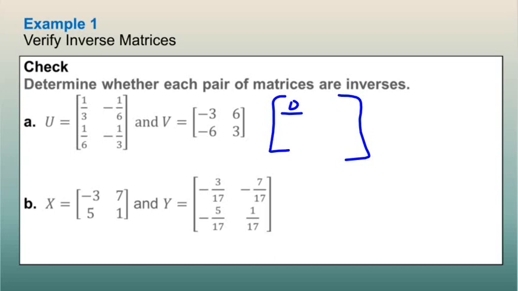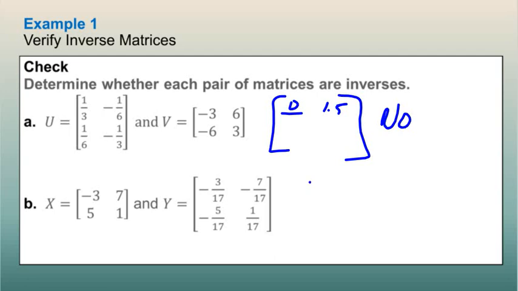We have 1/3 times 6 plus negative 1/6 times 3 gives us 1.5. So no, these are not inverses.